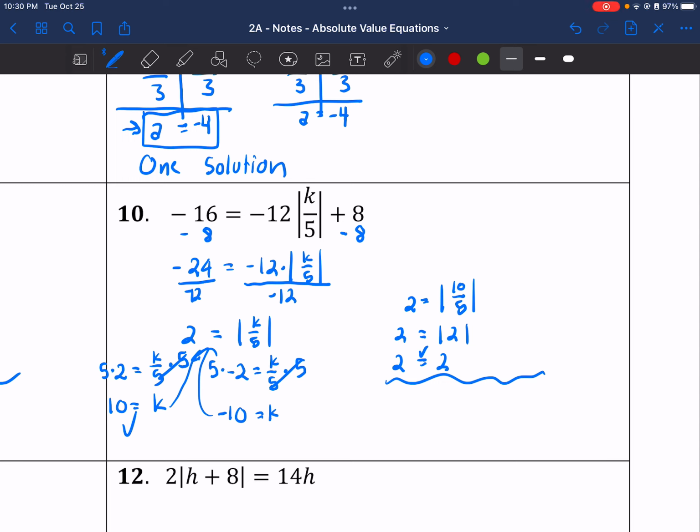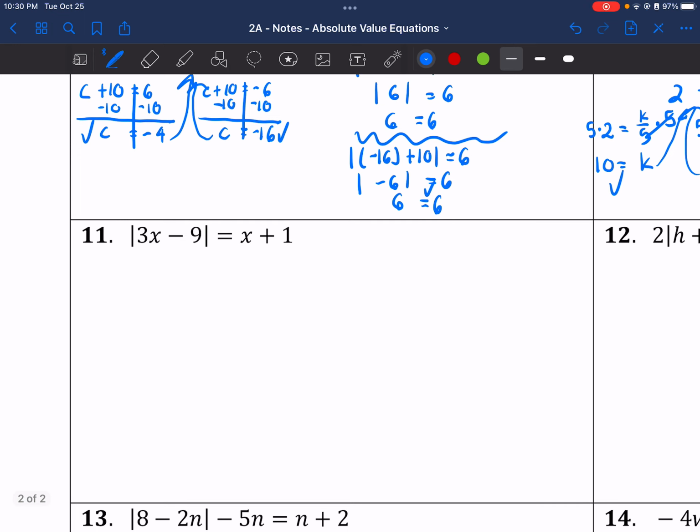Now we're plugging in negative 10 for k, so we get 2 is equal to the absolute value of negative 10 over 5. And negative 10 over 5 is equal to negative 2, but the absolute value of negative 2 is just 2, so we get 2 equals 2 again. So now we have k equals negative 10 also as a solution. So we have those two solutions again.